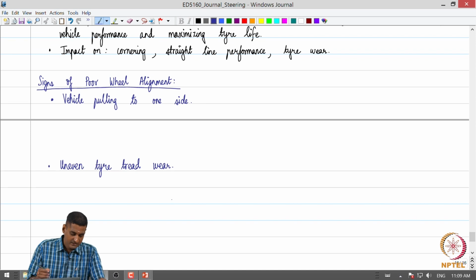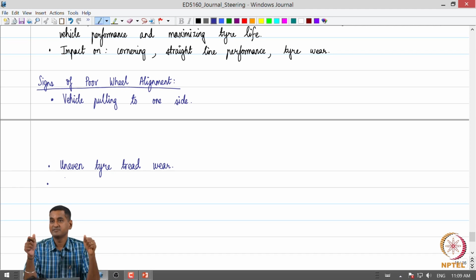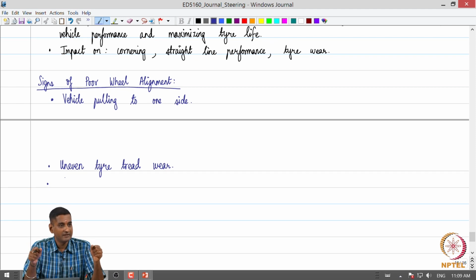Sometimes we can have what is called uncentered steering. As we are going straight ahead, we have to enable the driver to keep the steering wheel in its centered position.